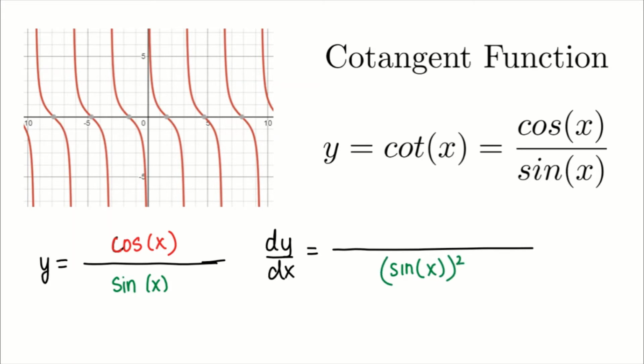Now, in the numerator, you first write out the denominator once as it is, sine of x, times the derivative of the numerator, so d over dx of the cosine of x, minus, now just switch the roles, d over dx of sine of x multiplied by just the numerator, just cosine of x.